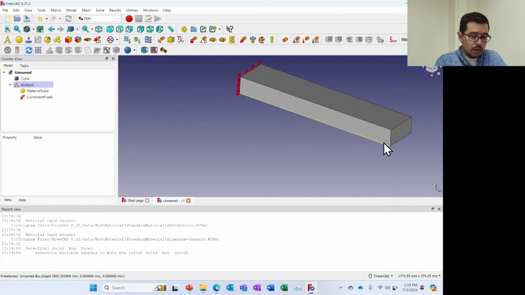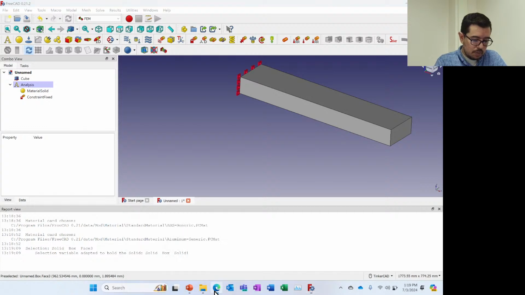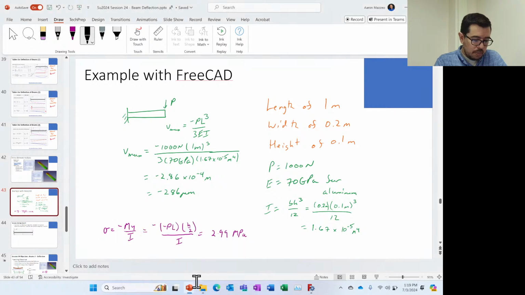And then we're going to come over here, and if we look back at the diagram, I'm going to close this right now because I feel like I'm probably putting a lot of strain on my computer. Haha, strain, stress. So we have a force P that's being exerted over here, and it's going to be 1,000 newtons.